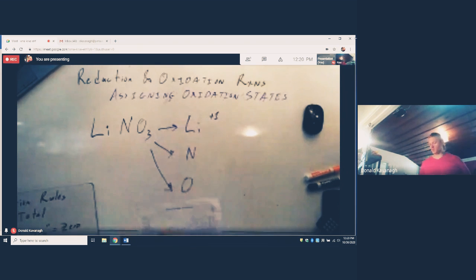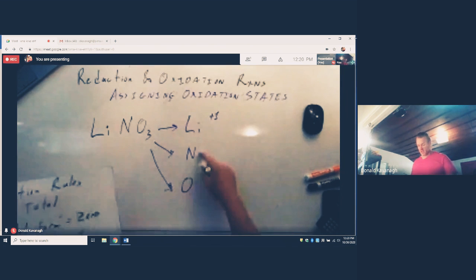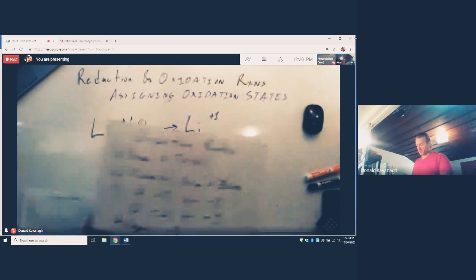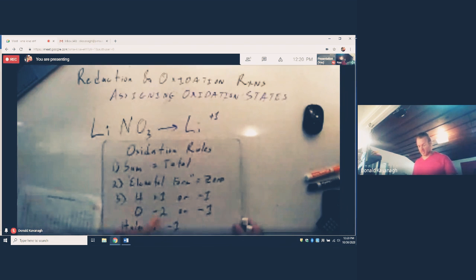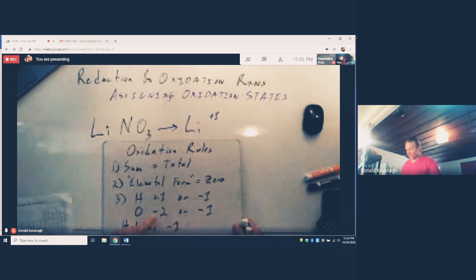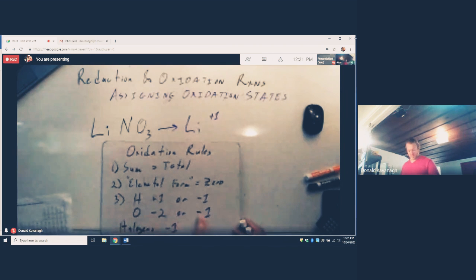Now, some of our rules for nitrogen and oxygen. Oxygen has either a -2 or a +2 oxidation state. Most examples are going to have a -2 oxidation state. When it is a member of a peroxide, where you have two oxygens bound together, it can have a -1 state. And if it's part of a compound called a superoxide, it can have a -1/2.